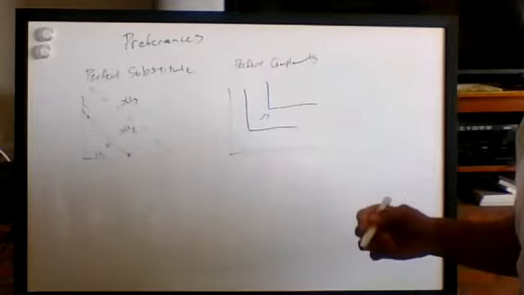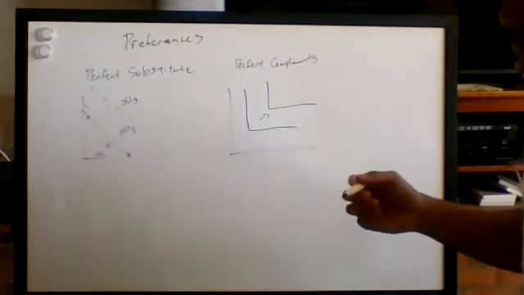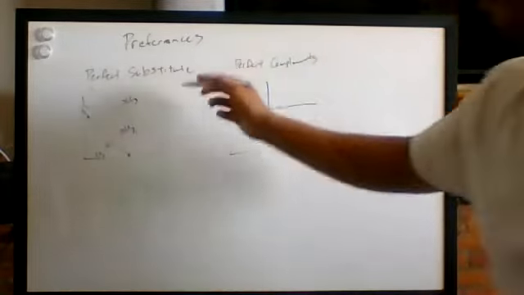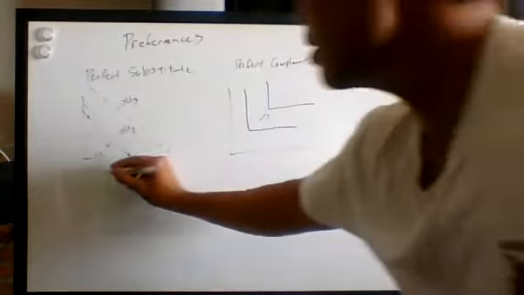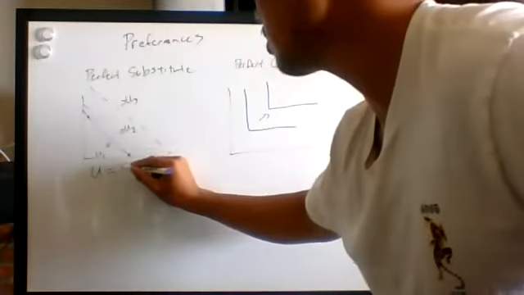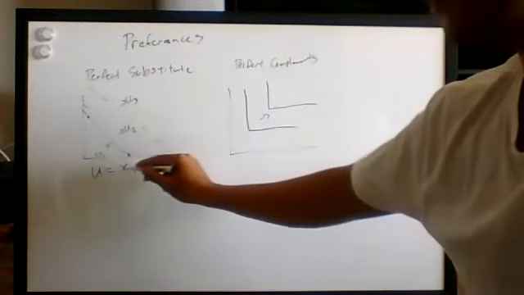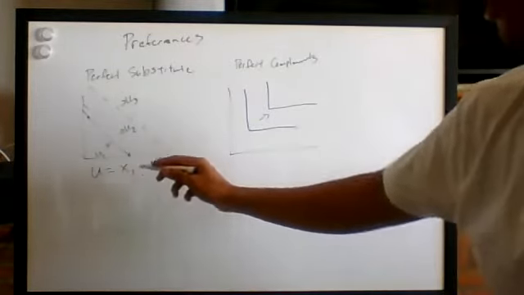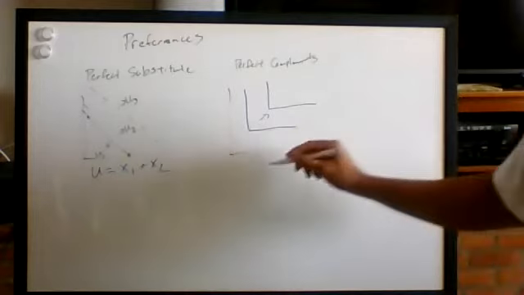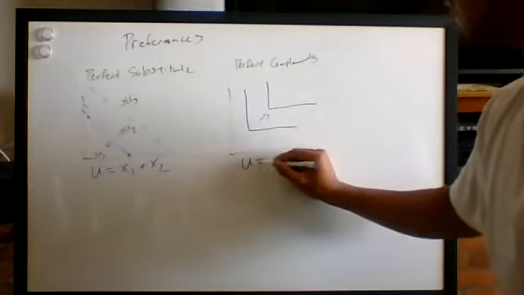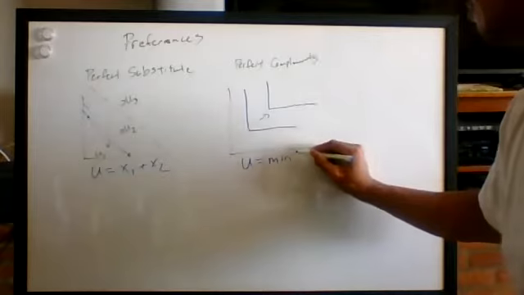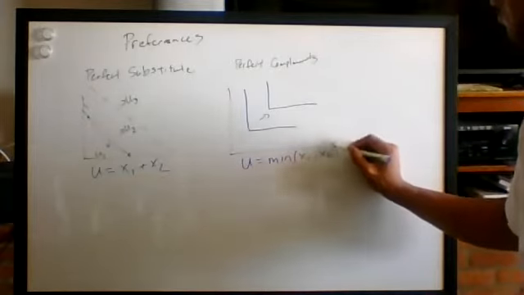So the classic example, if you want to think about the utility function that would go with this: for perfect substitutes, utility is equal to, say, x1 plus x2, where you have this linear relationship between x1 and x2. In this case, the perfect complements are going to follow the min function between x1 and x2.